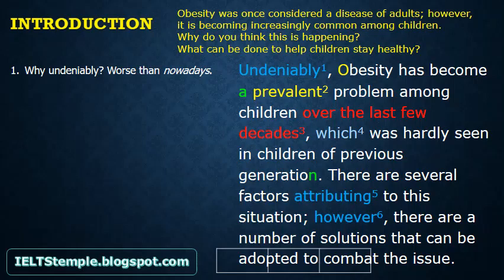I don't mean strong as in good, I mean strong as in this person's making some very strong statements. See if they can back them up. I wouldn't start with undeniably. It has become a prevalent problem among children over the last few decades.